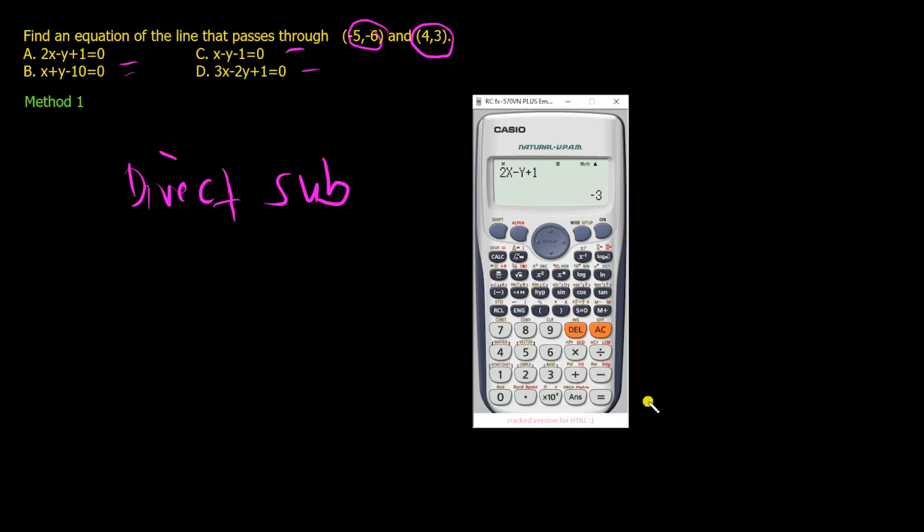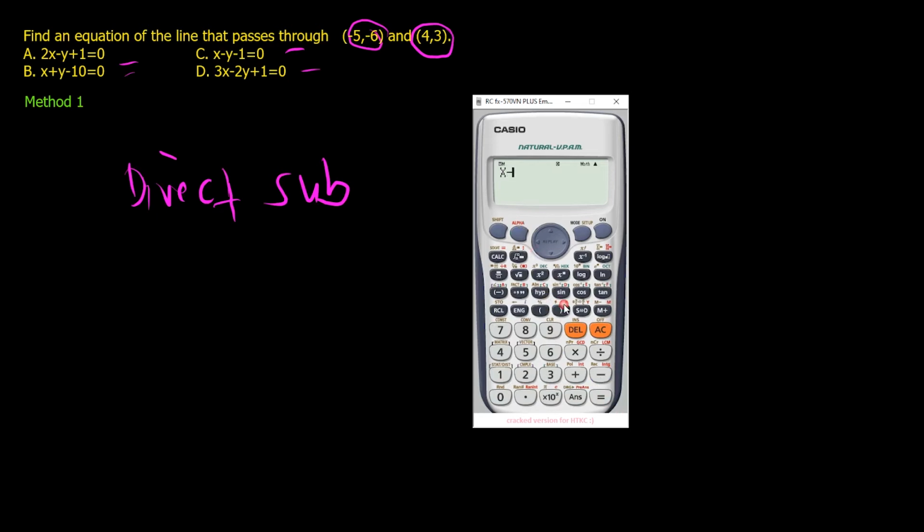Therefore, A is not the correct answer. Meaning to say, the point negative 5, negative 6 does not pass through that equation. Next, you have x plus y minus 10. It should be 0, but the answer is negative 21. Again, the point negative 5, negative 6 does not pass through the equation in letter B. Let's try letter C.